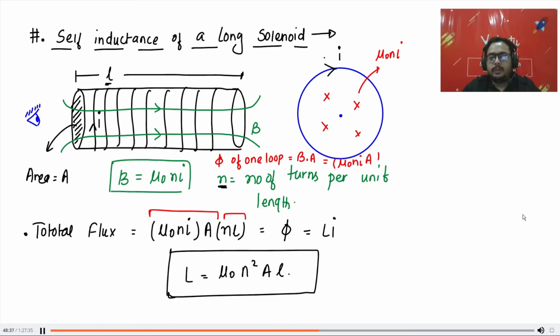Who was that person? Ankit, you asked, is this clear for you? No response. Ankit ji.